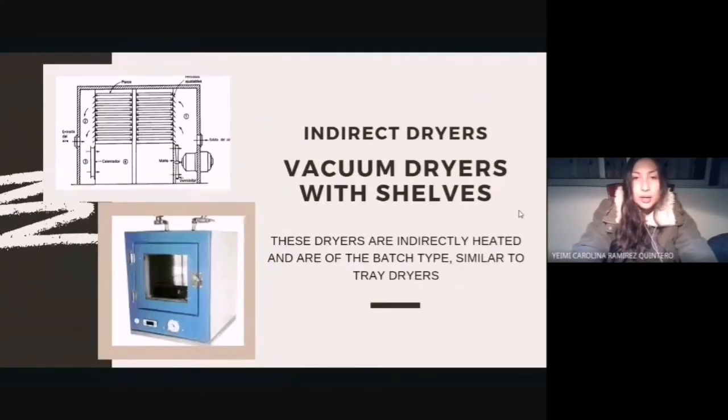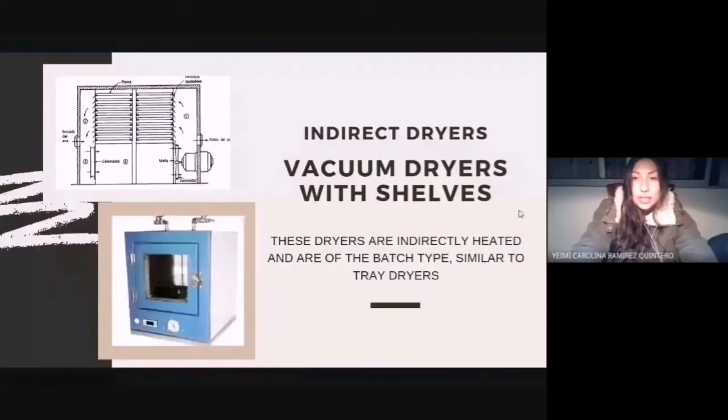Okay, the third type are vacuum dryers with shelves or trays. These dryers are indirectly heated and are batch type, similar to tray dryers. This class of dryers consists of a cabinet constructed of cast iron or steel plate with hermetic doors in such a way that it can be operated under vacuum. The hollow steel shelves are mounted inside the chambers and connected in parallel with the inlet and outlet steam manifolds. The trays containing the wet solids are placed on the hollow shelves.